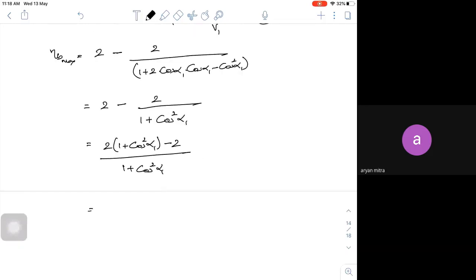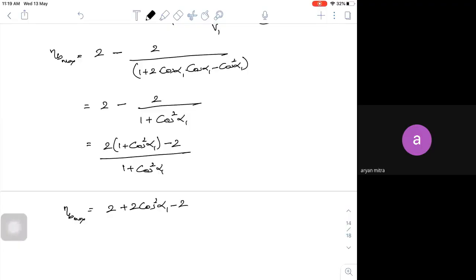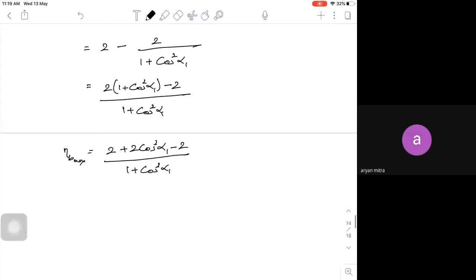The maximum blade efficiency is equal to 2 plus 2 cos square alpha 1 minus 2, divided by 1 plus cos square alpha 1, where the 2 minus 2 simply cancel out. I am left with 2 cos square alpha 1 divided by 1 plus cos square alpha 1.